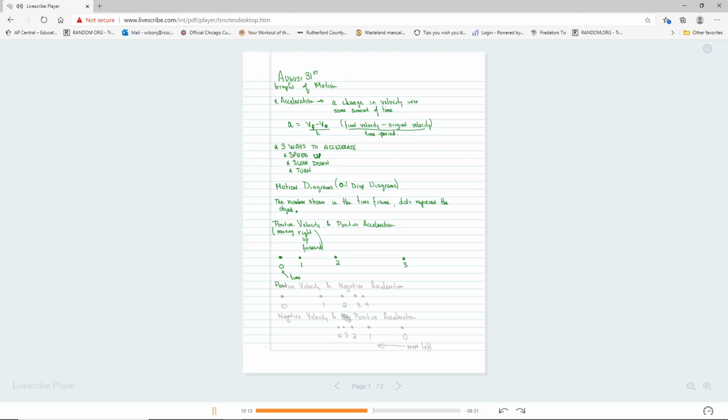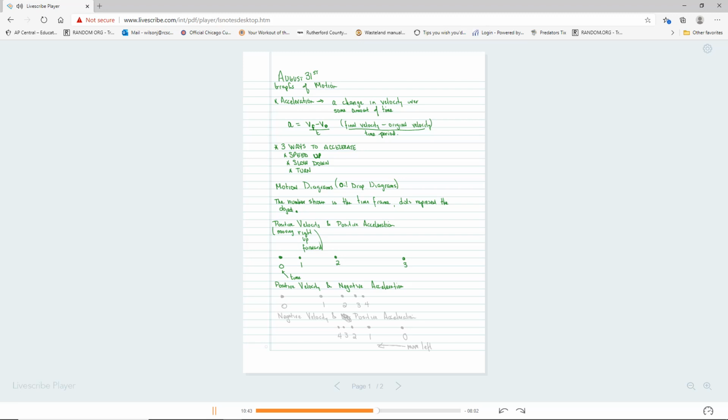So, what would positive velocity and negative acceleration do for you? What would positive velocity and negative acceleration look like?